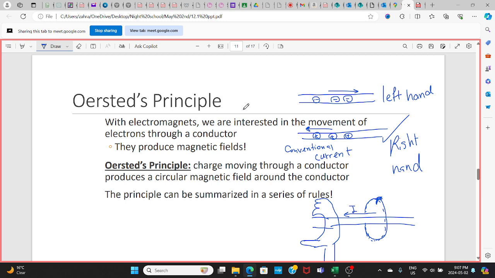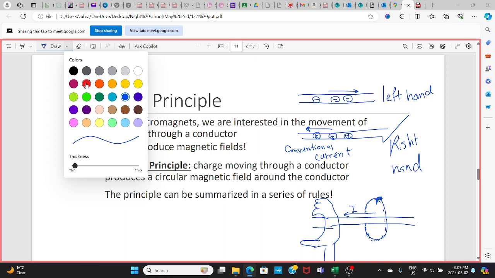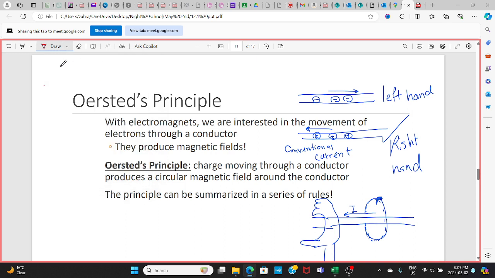I'm going to make another one because I think it might be confusing for you. This is my negative charge, right? If negative charge is moving in this direction, it is the same as saying the positive charge is moving in what direction?